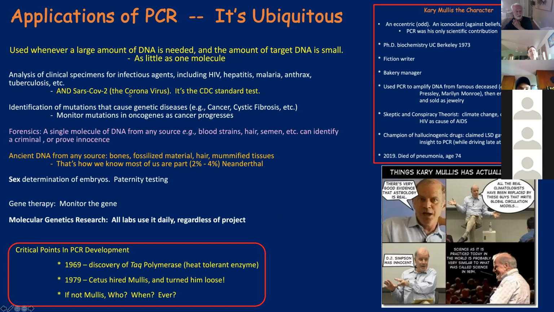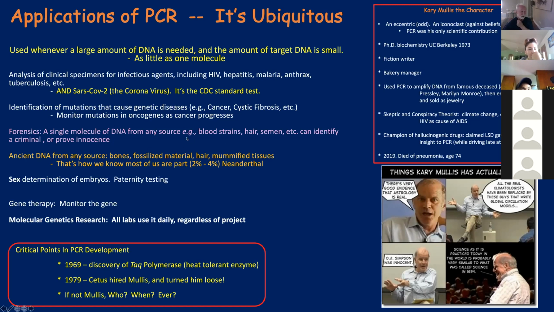You hear about testing for coronavirus all the time. The standard test is a PCR reaction. Identification of mutations, for example cystic fibrosis, which we've done a lot of study on.